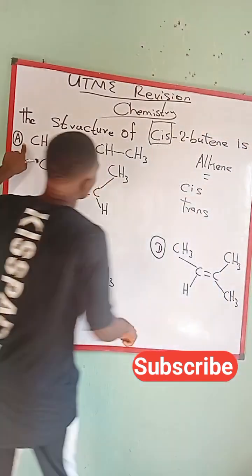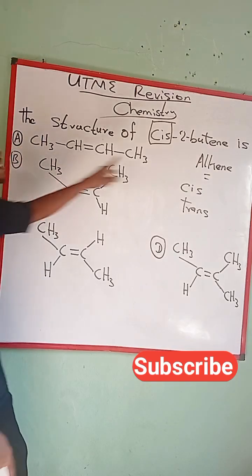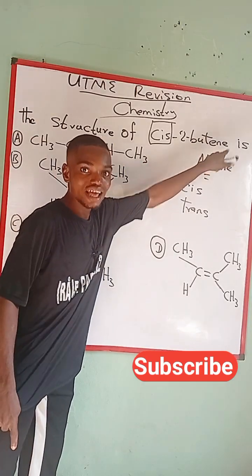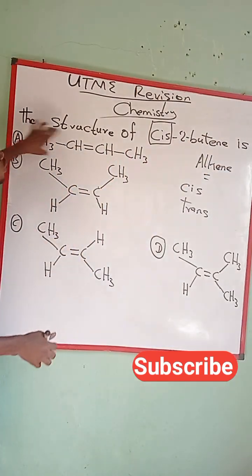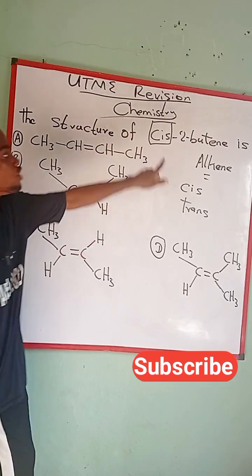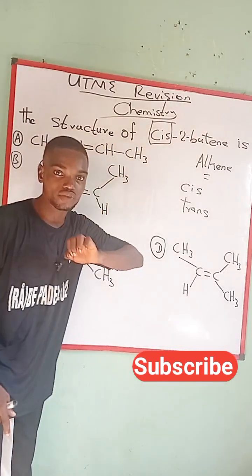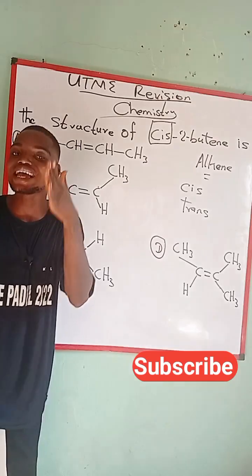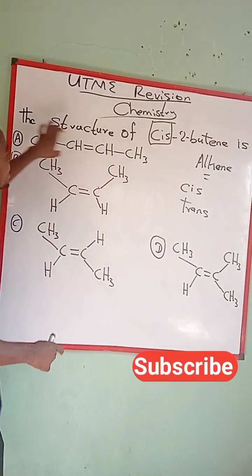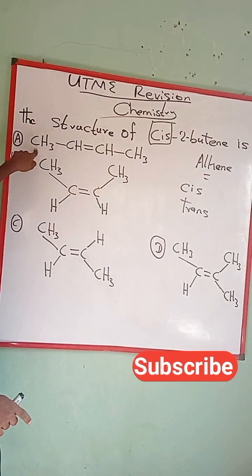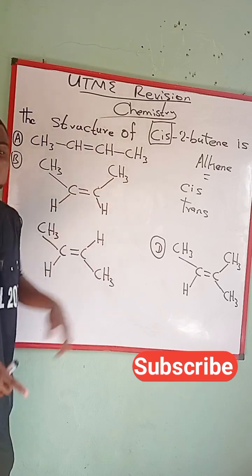So this option A is what? It is 2-butene. That is the normal 2-butene. But here we are looking for cis-2-butene. Like I said, they are the what? Isomerism. Now, if I want to make an isomer from this 2-butene, I'm going to do what?